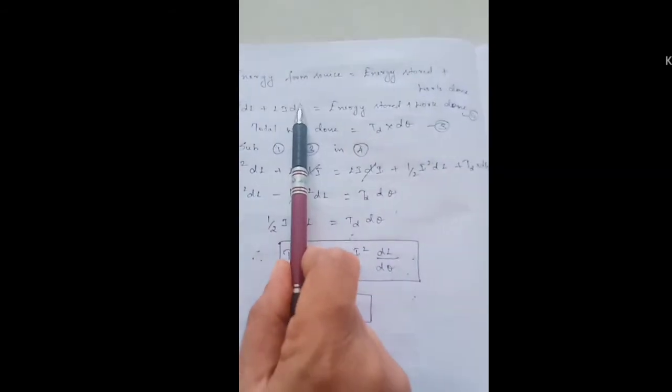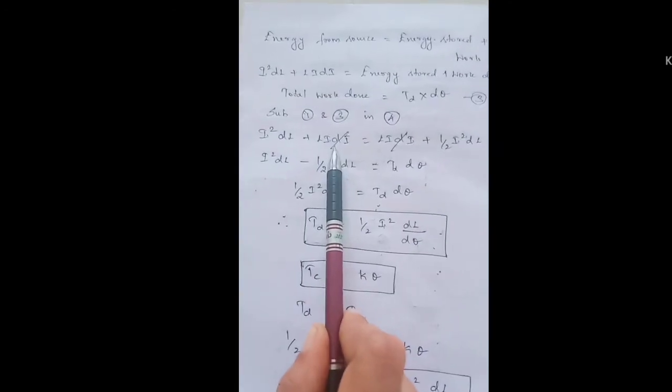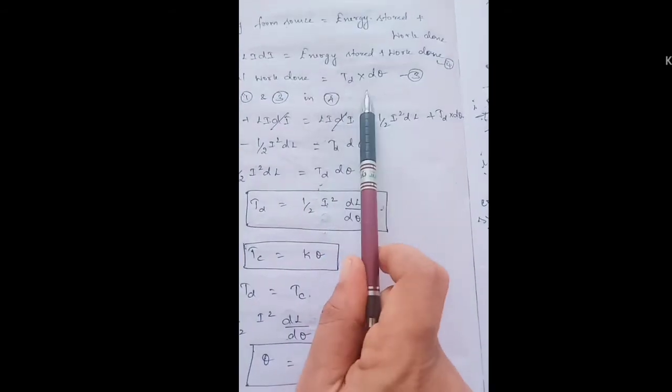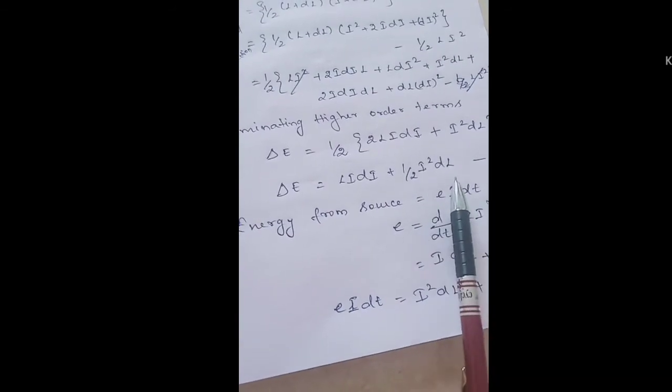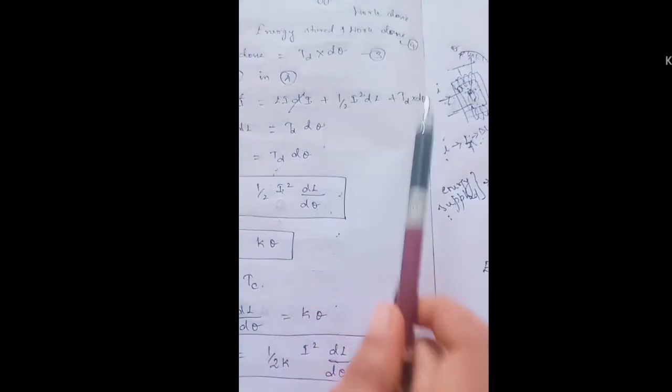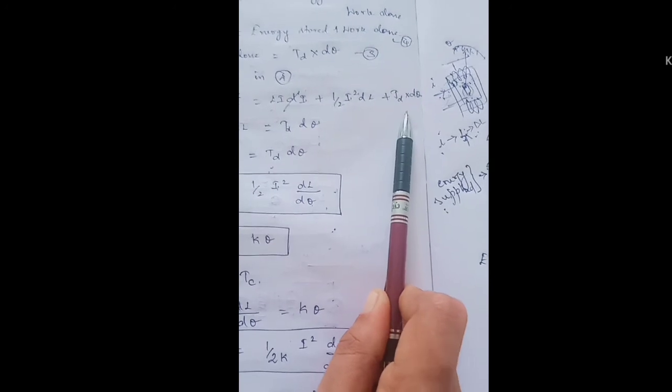The energy from the source we have already derived as I² dL plus L i di. The energy stored, we have derived as ΔE equal to L i di plus half I² dL. Then work done is nothing but Td into dθ.